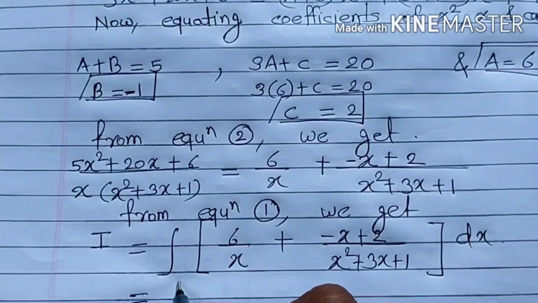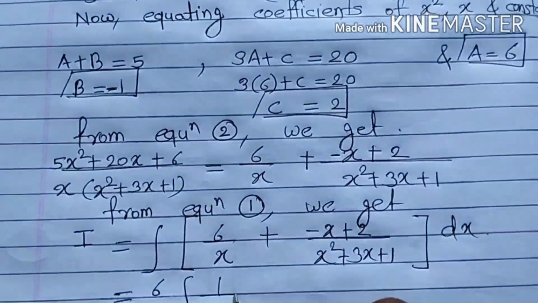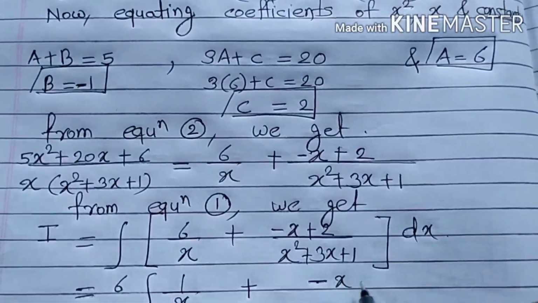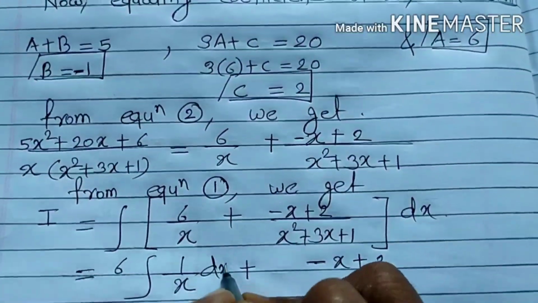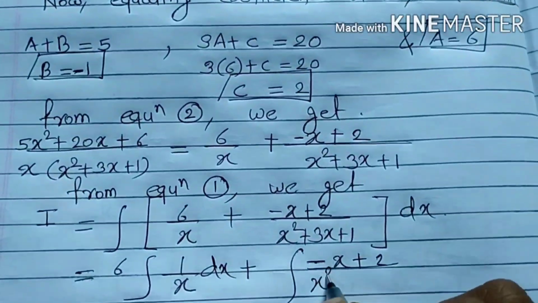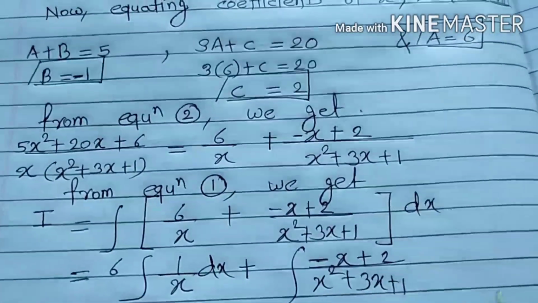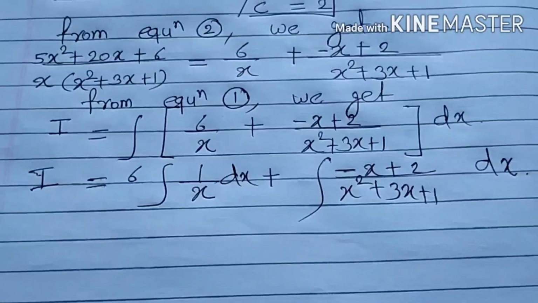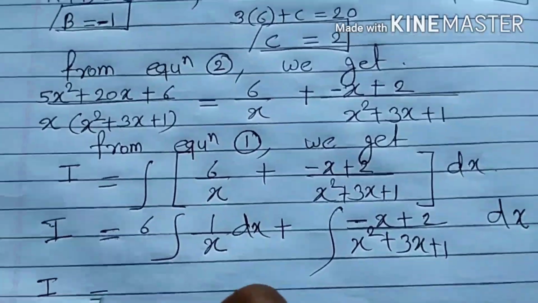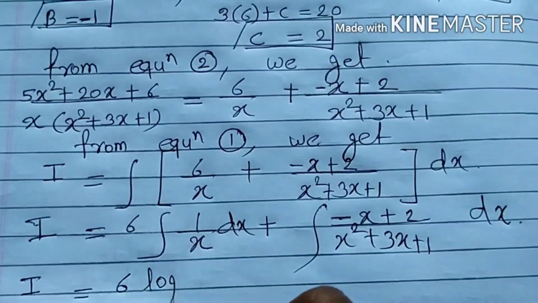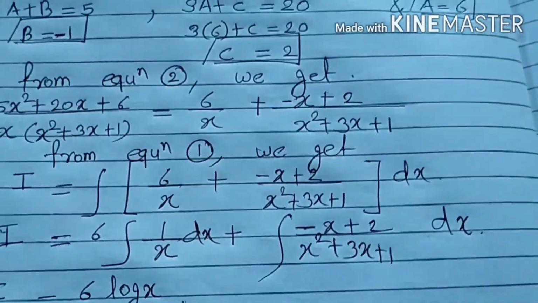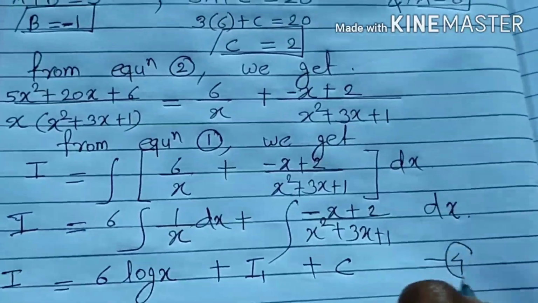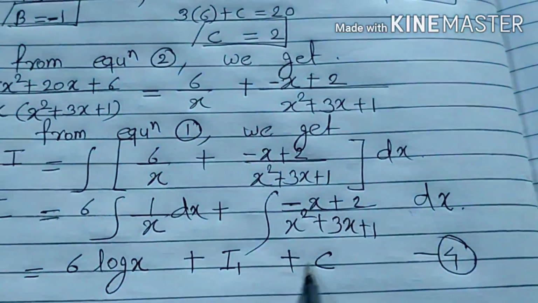So it is 6 integration of 1 upon x dx plus integration of (minus x plus 2) upon (x square plus 3x plus 1) dx. So it is I is equal to 6 log x, and take this value as I1, plus c, give it equation 4. So we have to solve this I1.